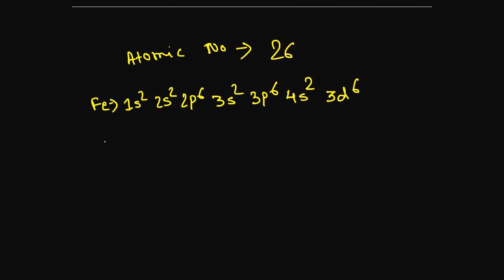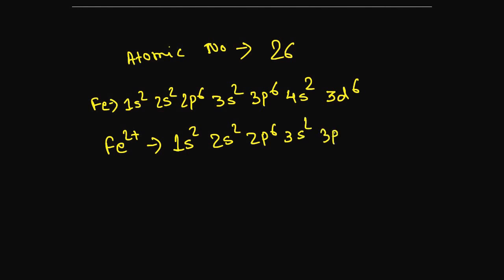Now, what will be the electron configuration of the Fe2+ ion? According to the trend I just told you, it should have been 1s2, 2s2, 2p6, 3s2, 3p6, 4s2, and 3d4. But this doesn't happen. As I told you, chemistry is full of anomalous points, anomalous regions.